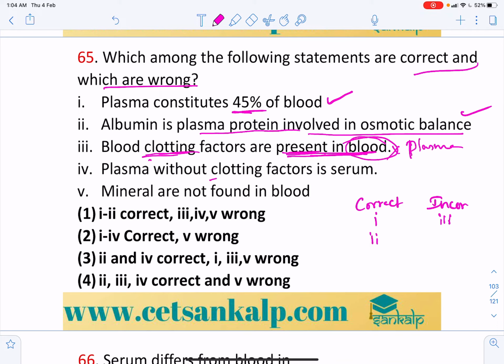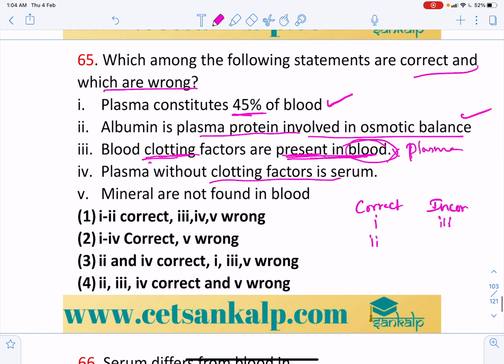Next, plasma without clotting factor, generally called serum. Here it says plasma 55%, that is also wrong. That is 45% formed elements. So the answer, the 1 is also wrong.